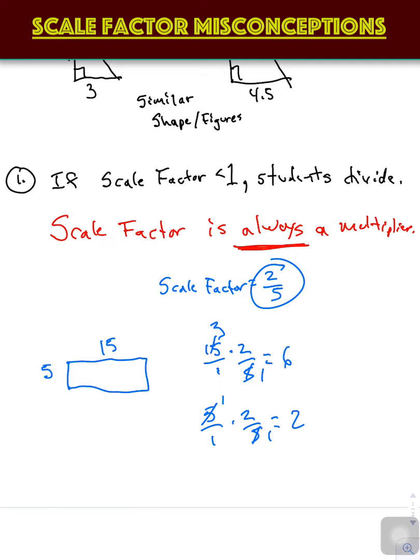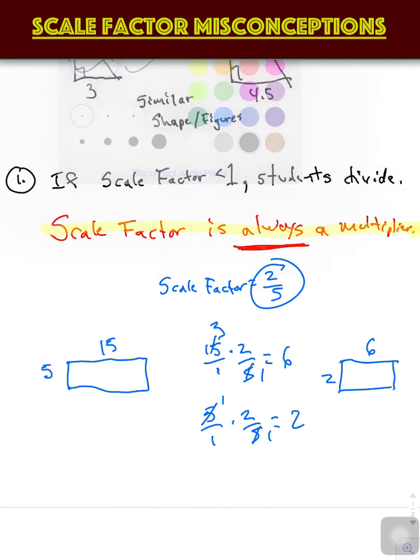We multiply, we get a side length of 6 and a side length of 2, and that is the correct answer. So the first thing to look out for is if the scale factor is less than 1, students a lot of time divide. And what we need to remember is that scale factor is always a multiplier. Okay, that's the first common misconception.